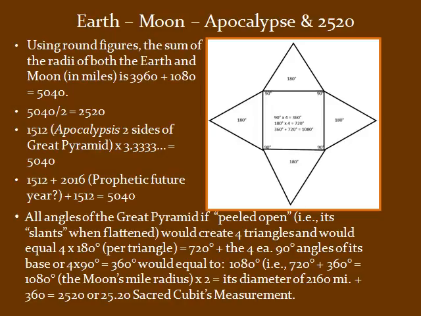1,512 plus 2016, prophetic future possible year, plus 1,512 will equal 5,040.